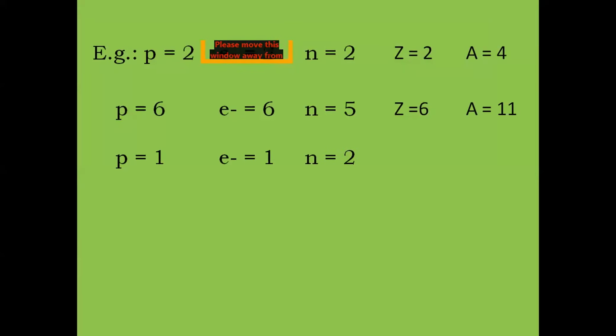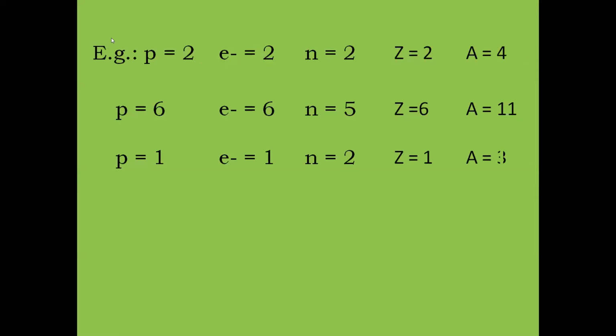Come on, quickly tell me what will be Z and what will be A. What will be Z? Very good. Z is 1 again. And what will be A? Very good. Now all the students are able to give me the correct answer.